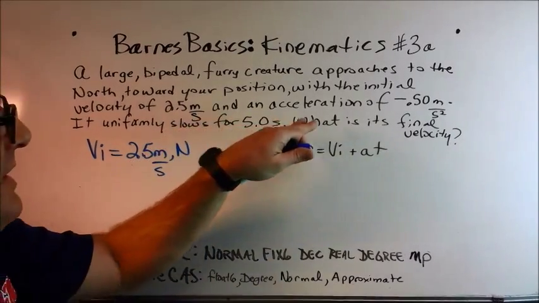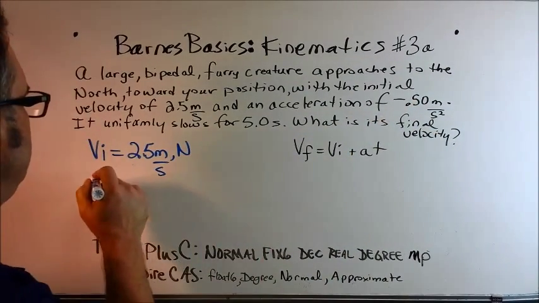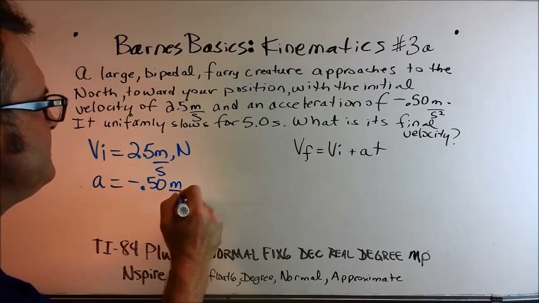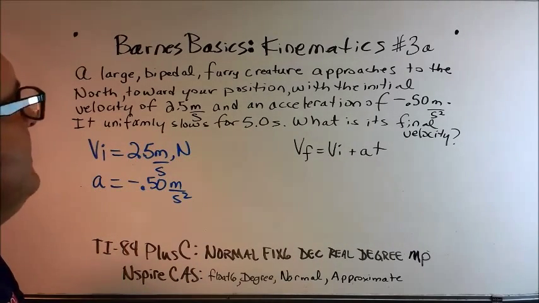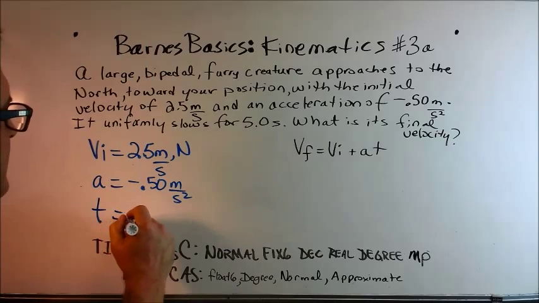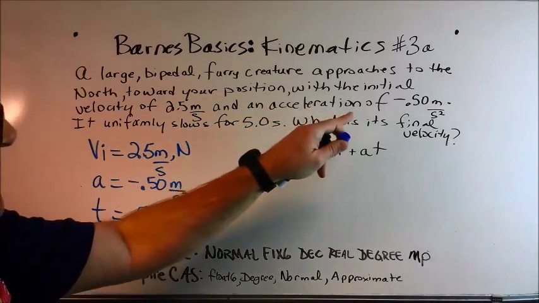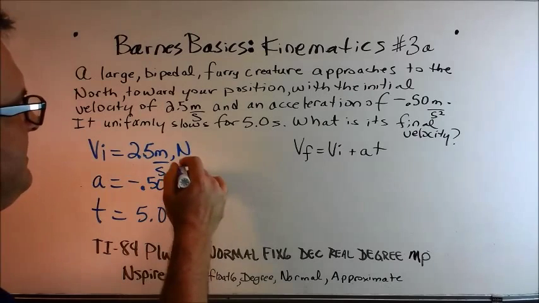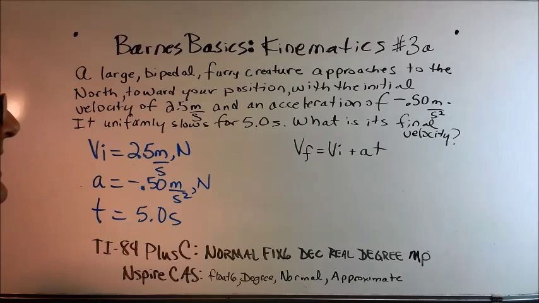It has an acceleration of negative 0.50 meters per second squared. And it uniformly slows for 5 seconds, so that would be time. Time is equal to 5.0 seconds. Since it's accelerating, or decelerating is a better way to say it, in the same direction of the velocity, we'll also just go ahead and put north here to denote that as a vector quantity.